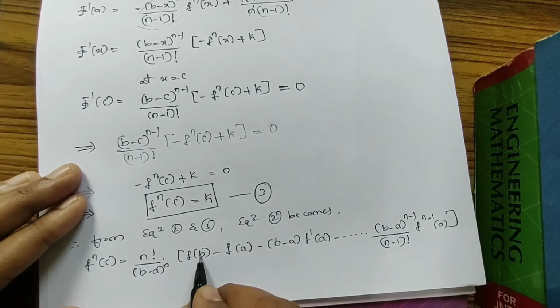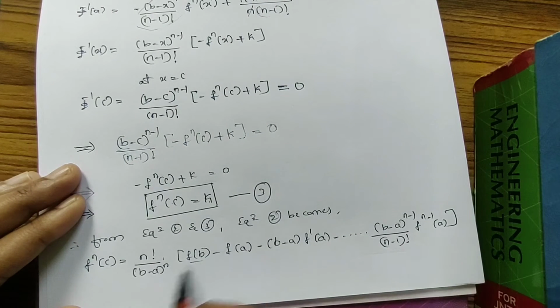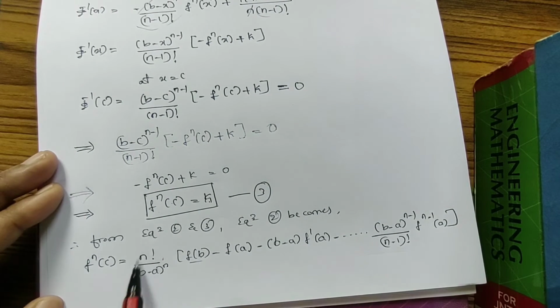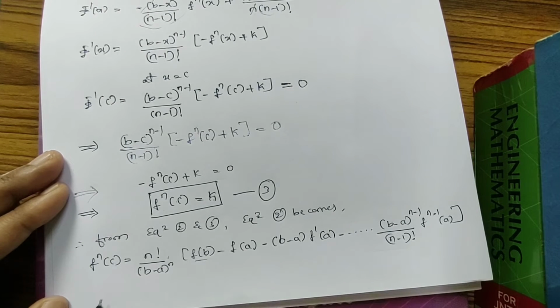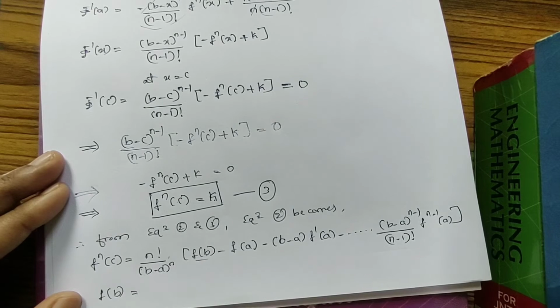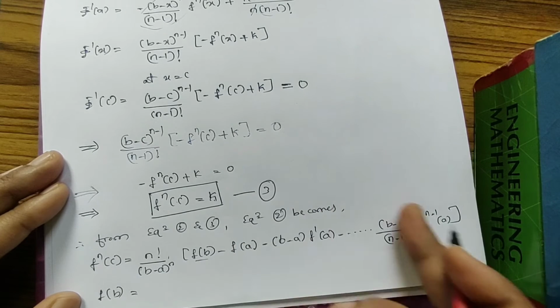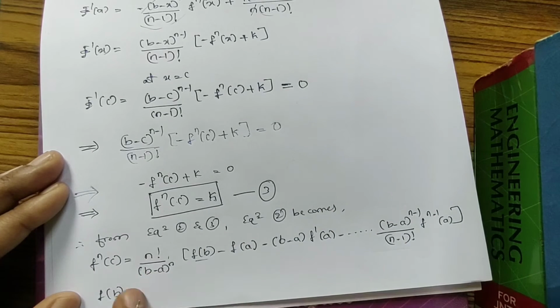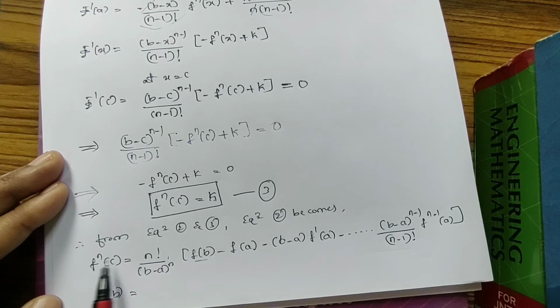Okay, what we have to prove from the statement? We have to take f of b is equal to. So if we send this term to the left part and write the remaining part, f of b is equal to, this whole term is going to be positive, and the numerator is going to be denominator and the denominator is going to be numerator.